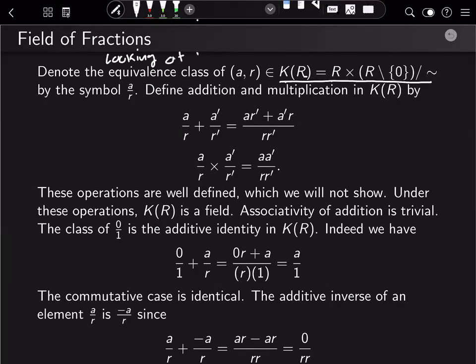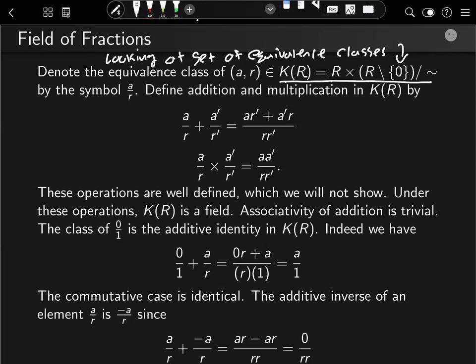And we're going to denote the equivalence class of A comma R, one of these pairs, by the symbol A over R. This follows what we do when we perform this construction on the integers, right? When we take the field of fractions of Z, we get Q, and in Q things are written as A over R as a ratio of integers.